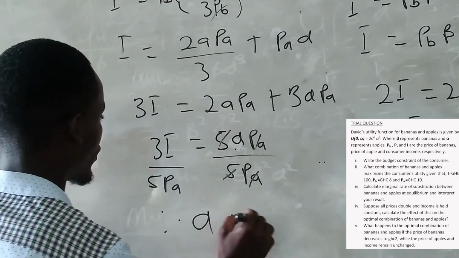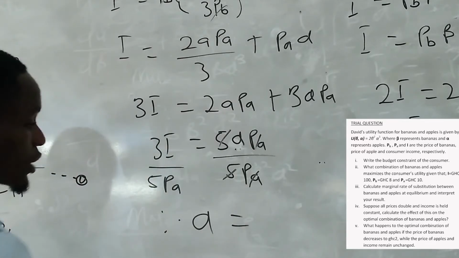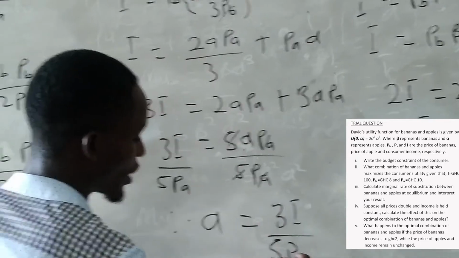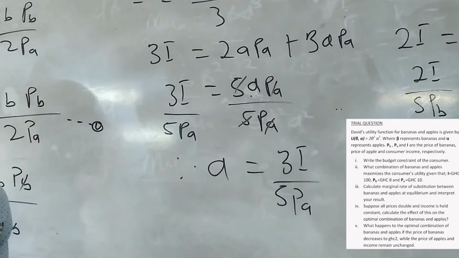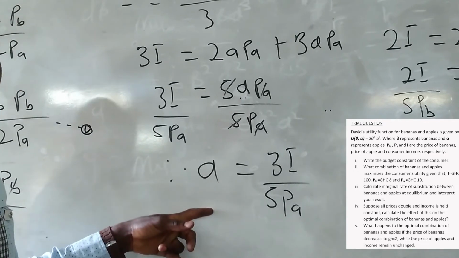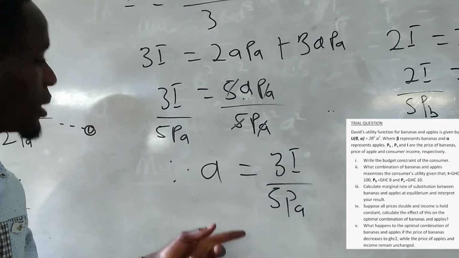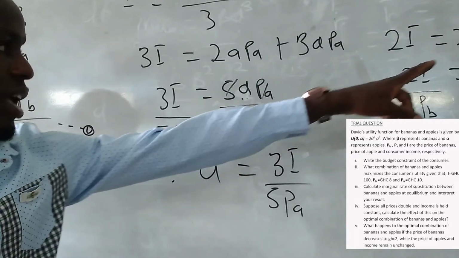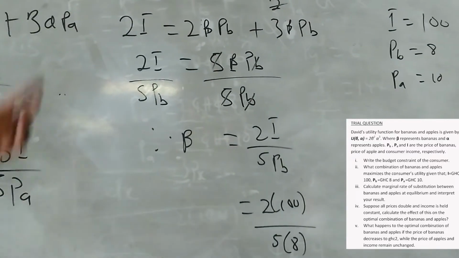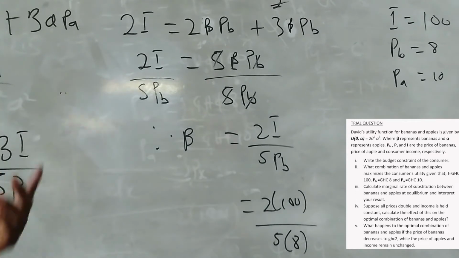Here is beta. Price of beta to cancel. So I have my income equals 2 alpha, price of alpha, all over 3, plus 2 alpha, plus price of alpha. I multiply 2 by 3, and I have 3 income equals, it will cancel.